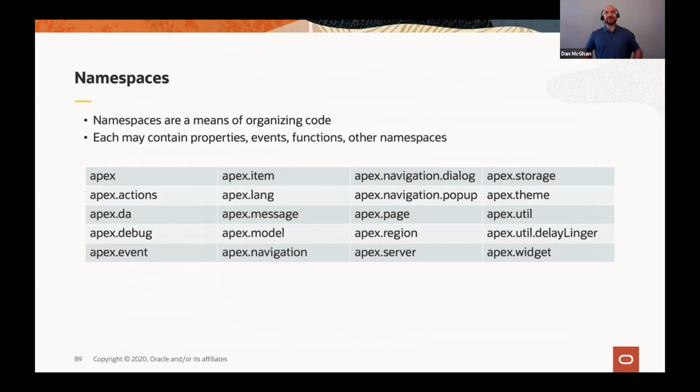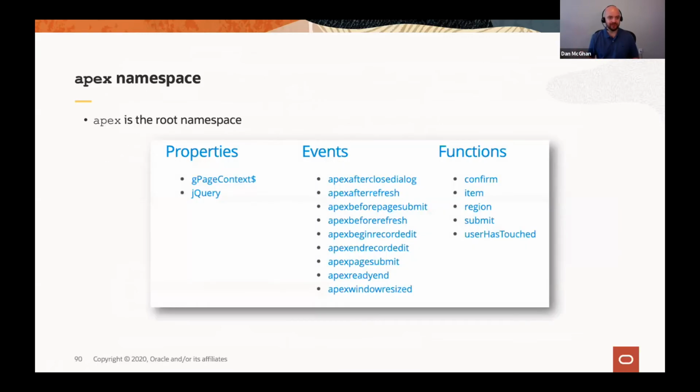Now, that was the early days. And again, some of these are still floating around, but for the most part, things have moved to namespace code. And the idea here is that you kind of introduce one thing at that global or top level. And in the case of Apex, it's Apex. And then everything else is going to chain off of that. So there are now a number of different namespaces available, and they're all documented in the JavaScript API documentation for Apex.